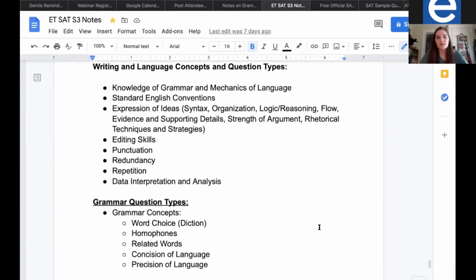Types of writing, concepts and question types for writing and language. Like I said, the writing and language test really focuses on your ability as a reader, as a writer, and as an editor. So it focuses on your ability to communicate and understand ideas, and to understand how language works and why we have to put it in certain constructs in order to convey our thoughts and ideas.